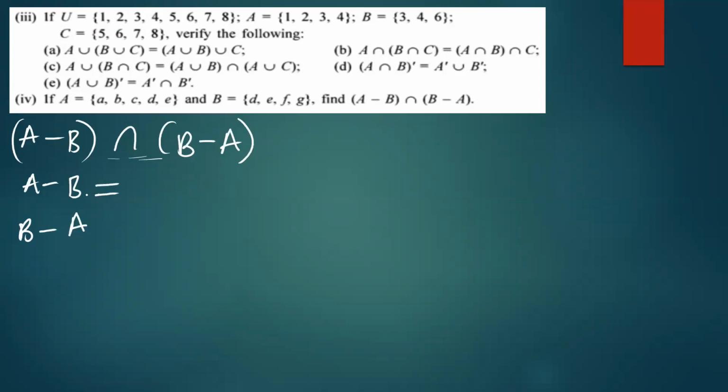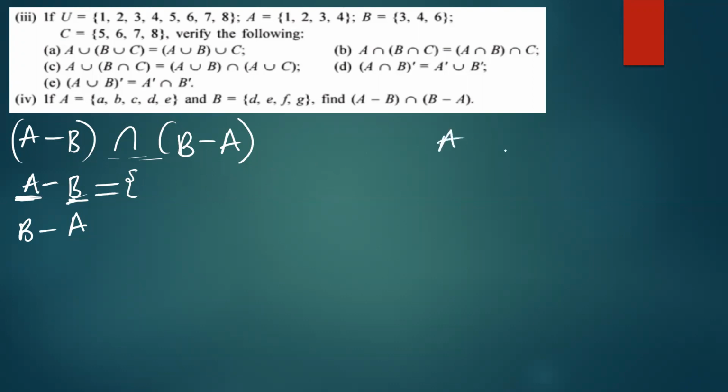So A minus B simply means that we have to list the elements that are in A, excluding the intersection set between A and B. Let me write A here alone, so I don't confuse someone.